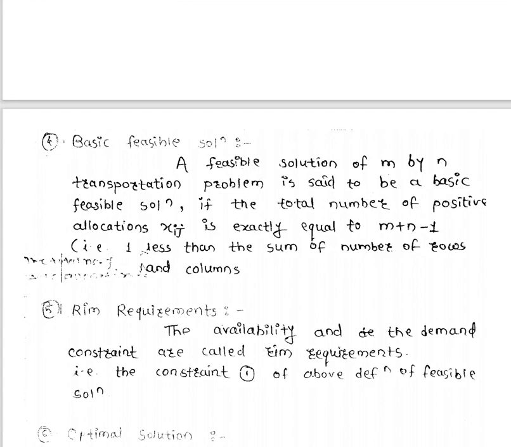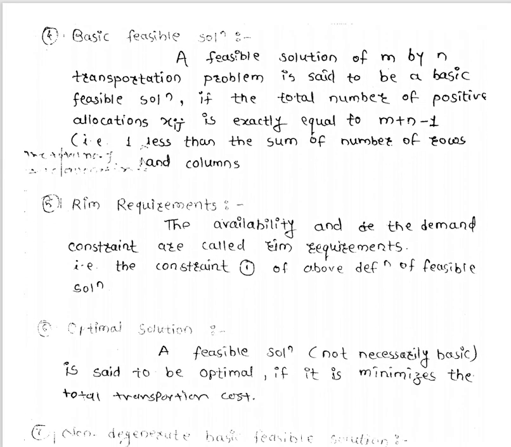Next definition is a basic feasible solution. What do you mean by basic feasible solution? A feasible solution of an m by n transportation problem, where m is the number of rows and n is the number of columns, is said to be a basic feasible solution if the total number of positive allocations xij is exactly equal to m plus n minus 1.